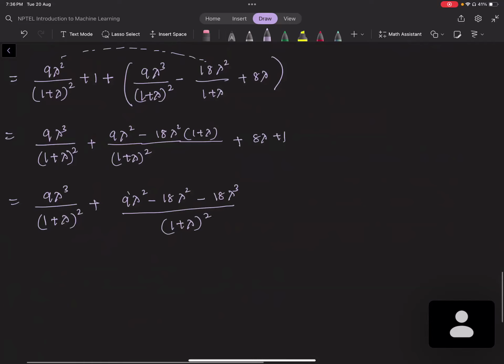Anyway, so it should be minus 9 lambda square.